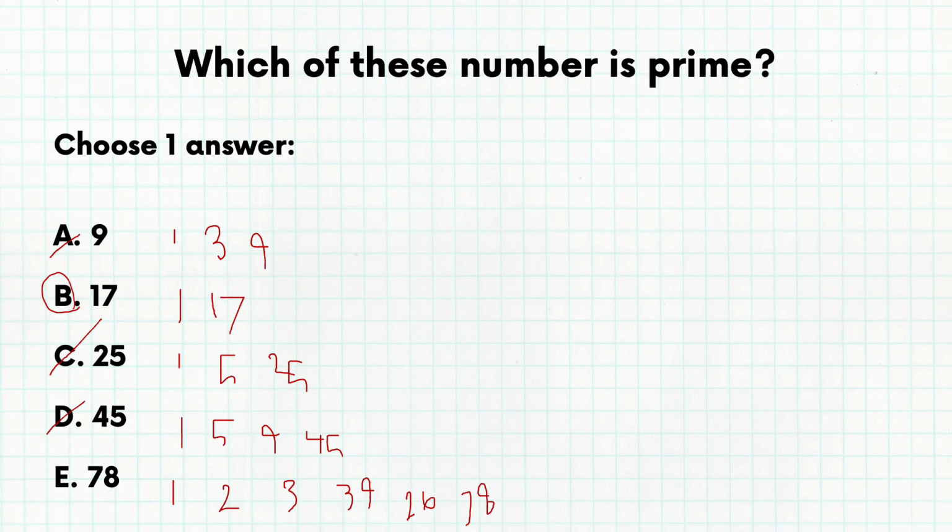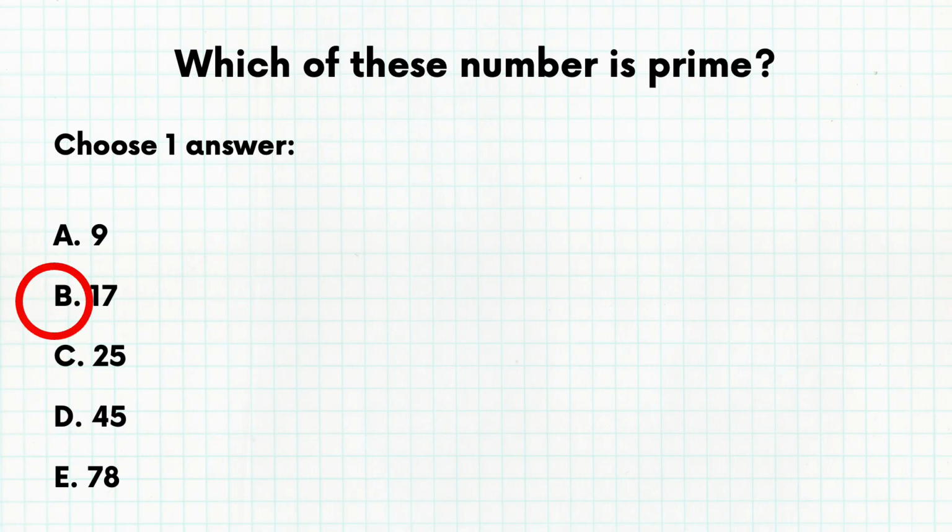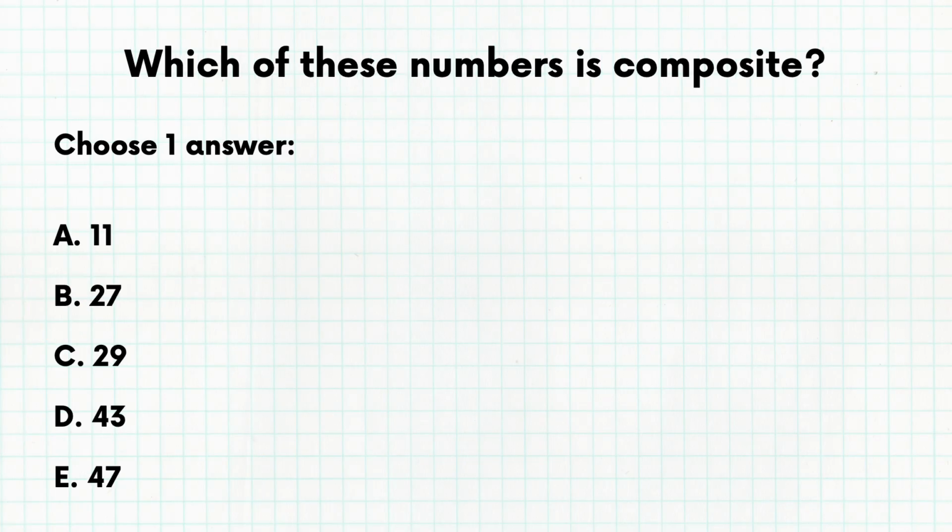So besides 1 and itself, 78, we can see that there are many factors. So this is not a prime. So the answer is B. We can see that the prime number is 17. So the correct answer is B.